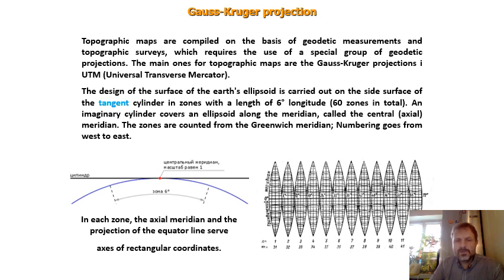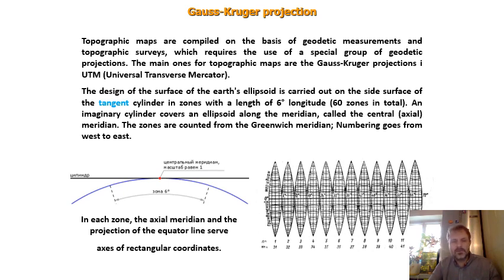The design of the surface of the Earth's ellipsoid is carried out on the side surface of a tangent cylinder in zones with a length of 6 degrees longitude. There are 60 zones in total. An imaginary cylinder covers an ellipsoid along the meridian called the central axial meridian. The zones are counted from the Greenwich meridian.